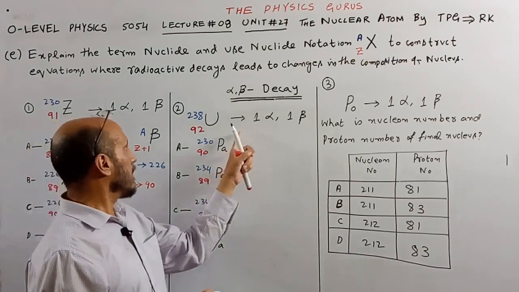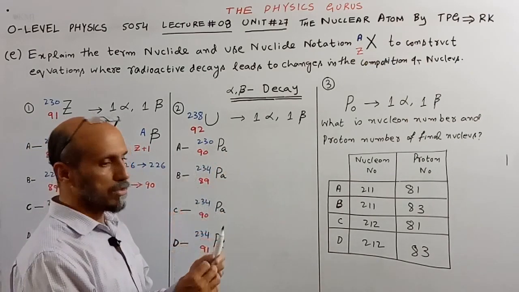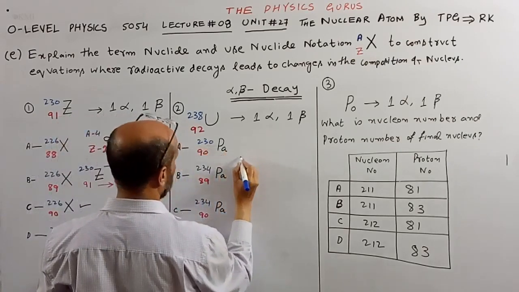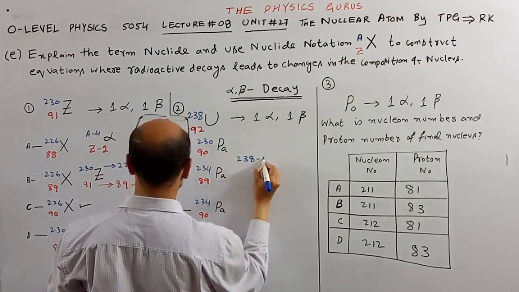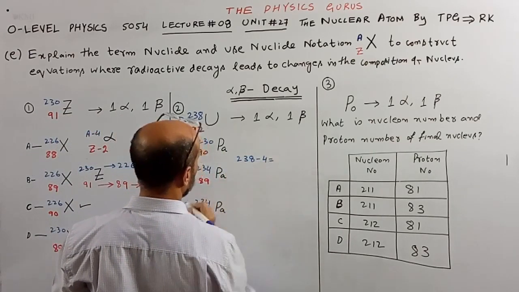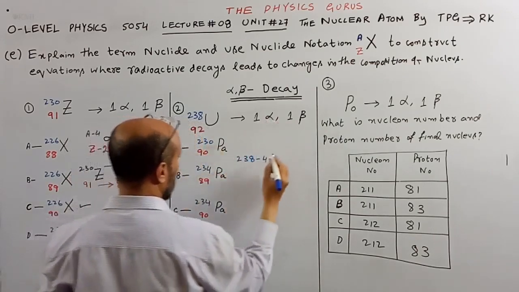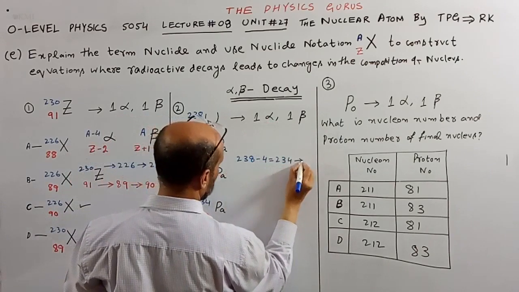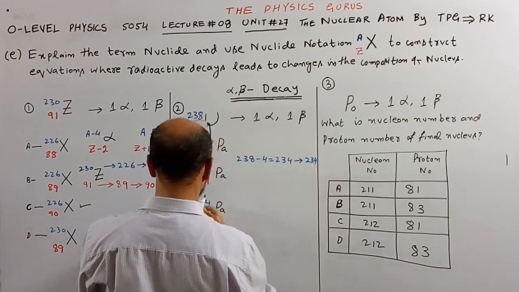In example number 2, again we will apply the same formula or same methodology. So I will write the answer over here directly. 238 minus 4 is equal to, since first an alpha particle is emitted, so it will be 234, and obviously for the beta particle it remains as it is.